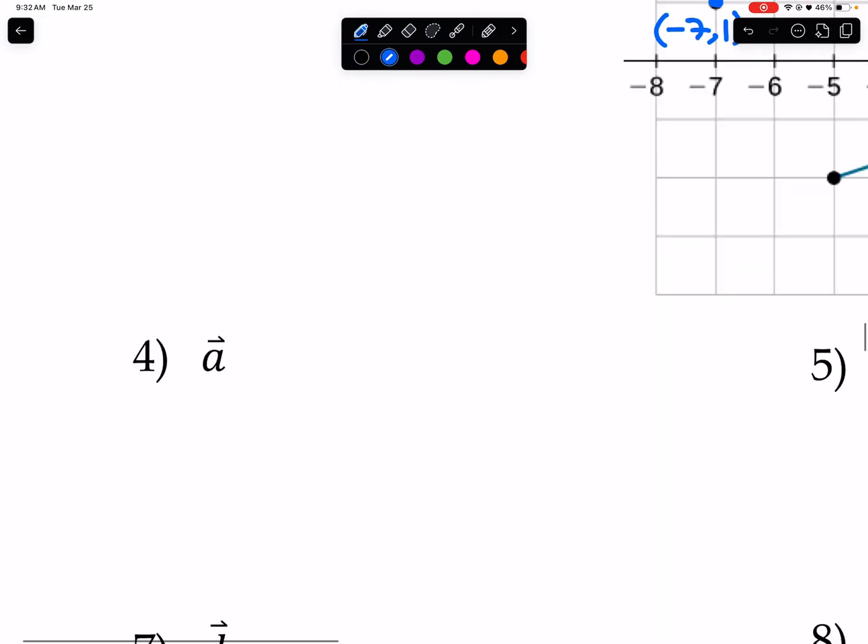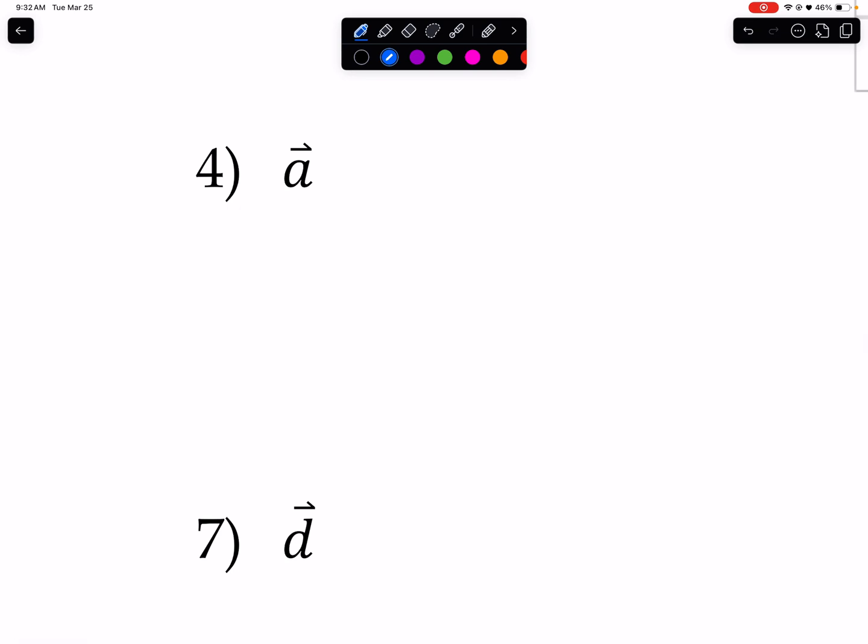So looking down here, if I want to find component form, what I need to do first is I'm going to do the distance between these values. So I'm going to do x2 minus x1 and then y2 minus y1.